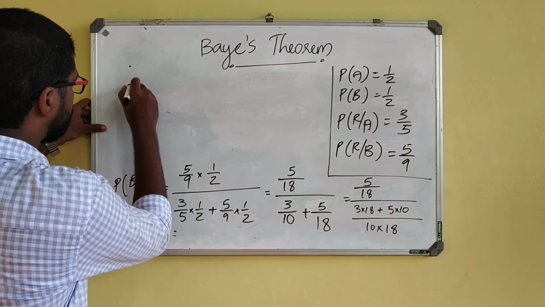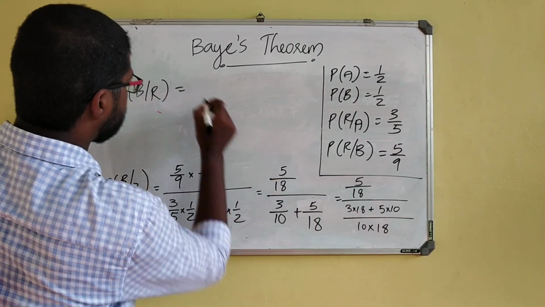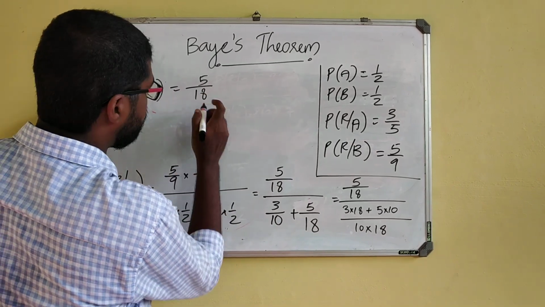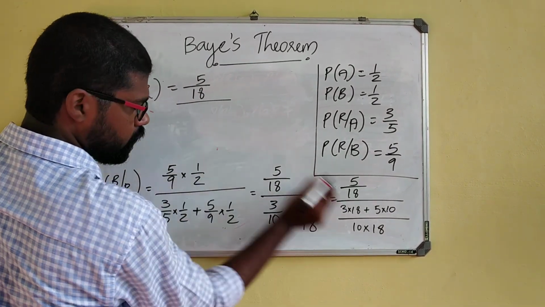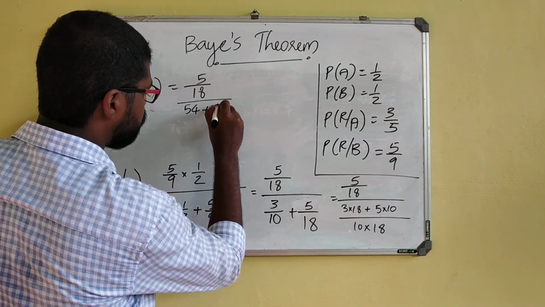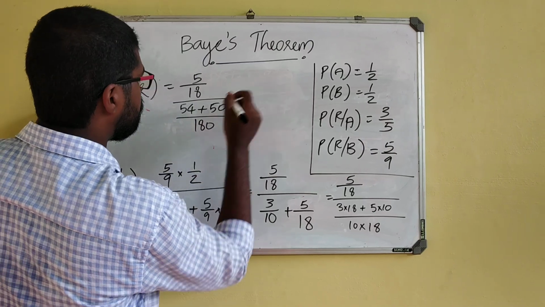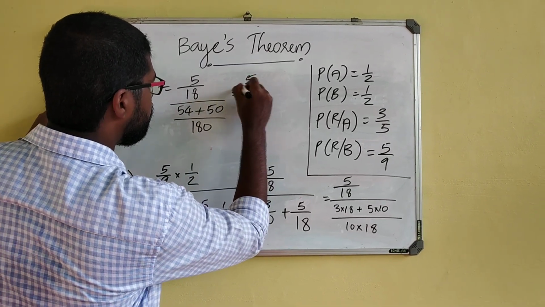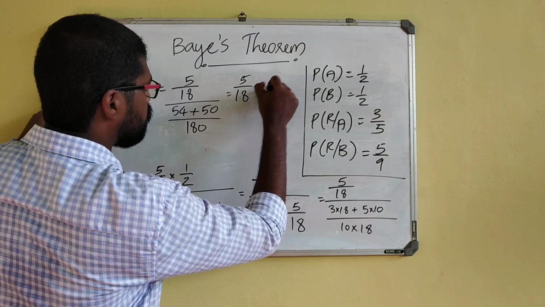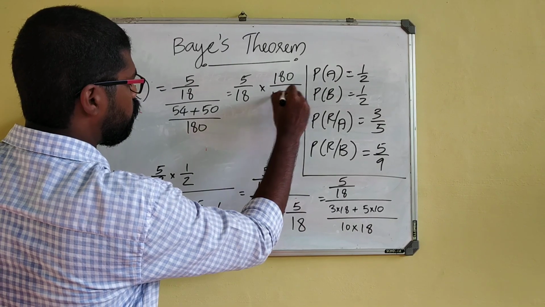So probability of B is equal to 5 by 18 all divided by 3 into 18, 54, plus 5 into 10, 50.